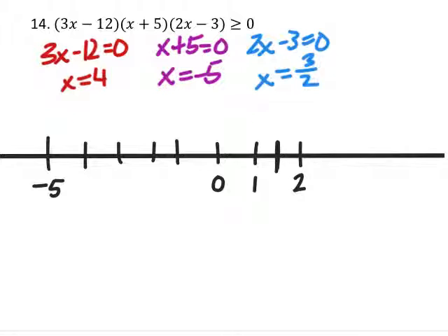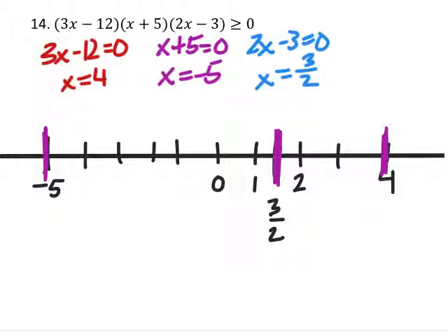And this is our 3/2, one of our key numbers. And then 4, 2, 3, 4. There's 4. And it doesn't matter how perfect these are in terms of spacing, because we're just concerned with these specific values at -5, 3/2, and 4.